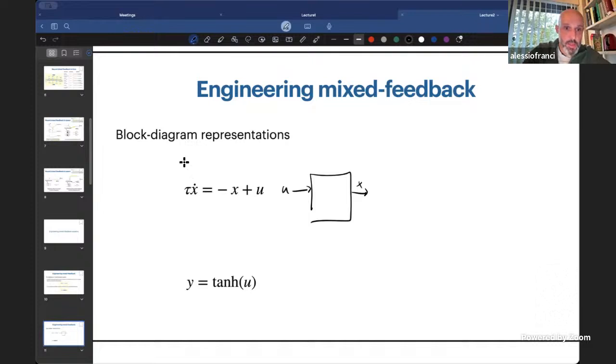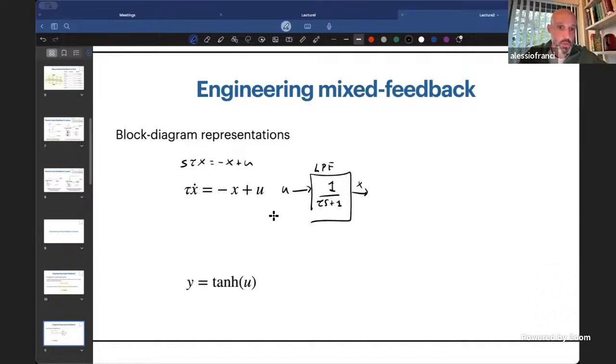And if you write this equation in Laplace transform, I don't know if you saw Laplace transform, derivative becomes multiplication by s, and so in Laplace transform this equation becomes this, which means that the transfer function of the system is 1 over tau s plus 1. That is, this is a low pass filter with cutoff frequency 1 over tau.